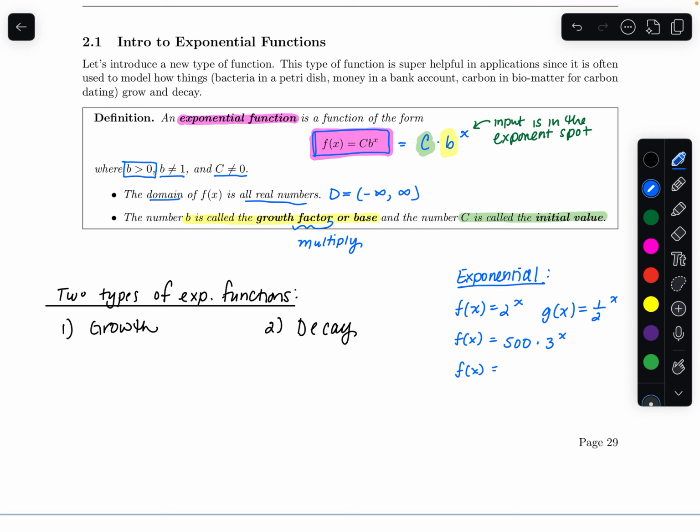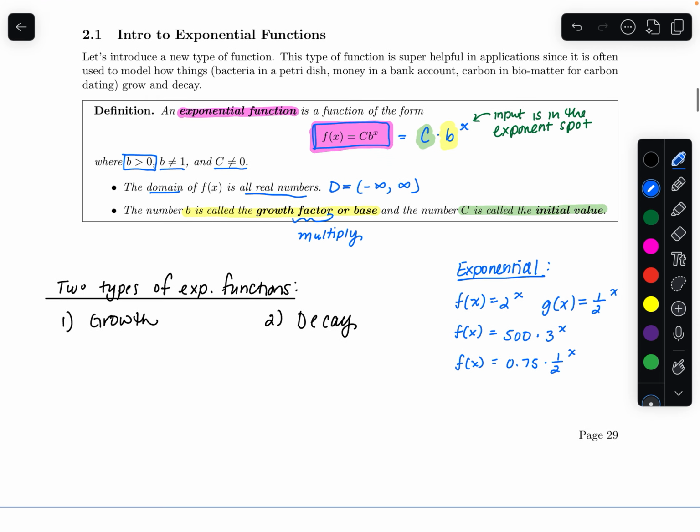So for example, you could have a function that looks like this, 0.75 times 1/2 to the x. Or maybe you have another one that looks like this. I don't know, 500 times 2.4 to the x. I kind of feel like I made that look like a decimal. Let's bring that up. Right, so that's another example. We'll call this one h of x. And it doesn't have to be x.